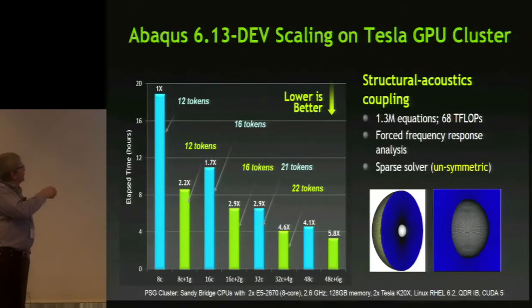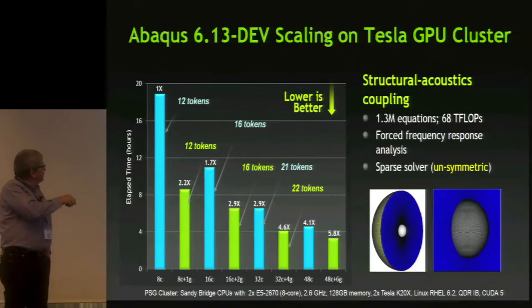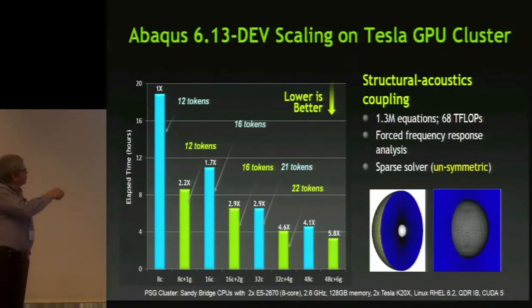On 8 cores, Abaqus again, you need 12 tokens, and you have an elapsed time of around 18 hours. 8 cores plus 1 GPU, also 12 tokens, and you get a speed up of 2.2.